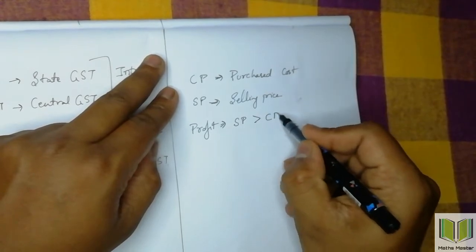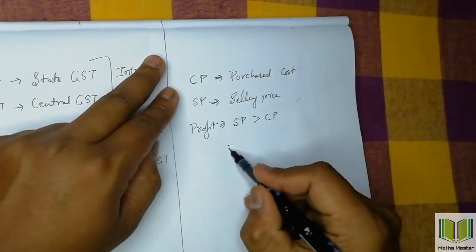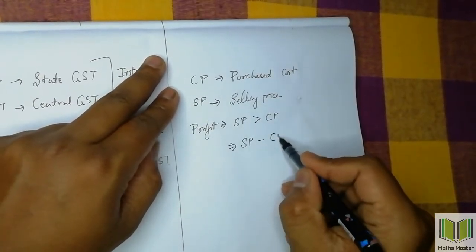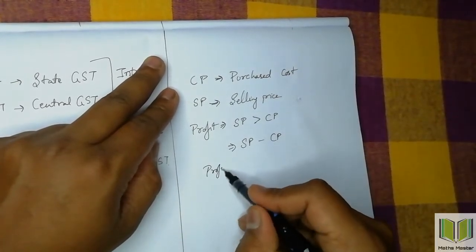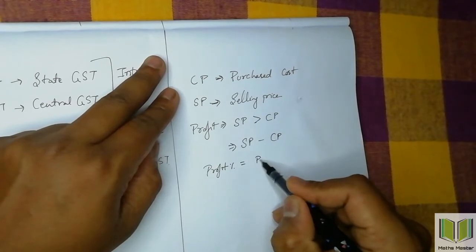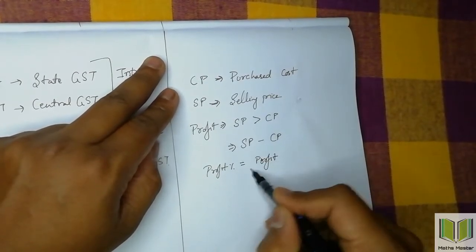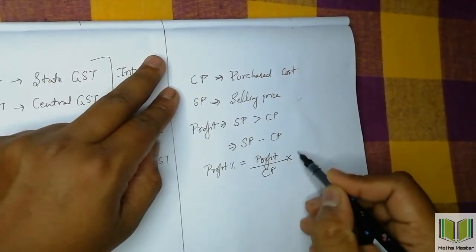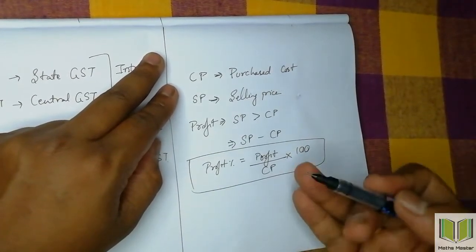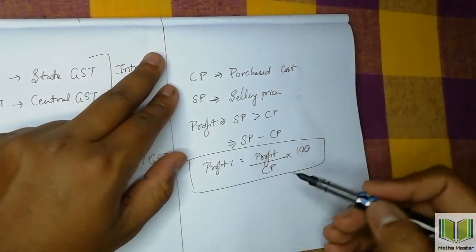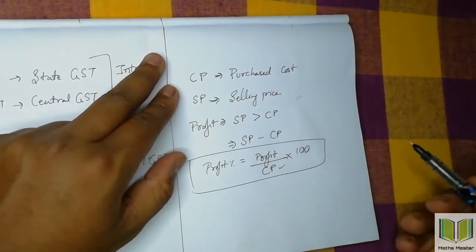If selling price is greater than cost price, obviously there is a profit, and that profit amount is SP minus CP. And profit percentage will be equal to profit over cost price multiplied by 100. Profit percentage or loss percentage always depends on the cost price value.